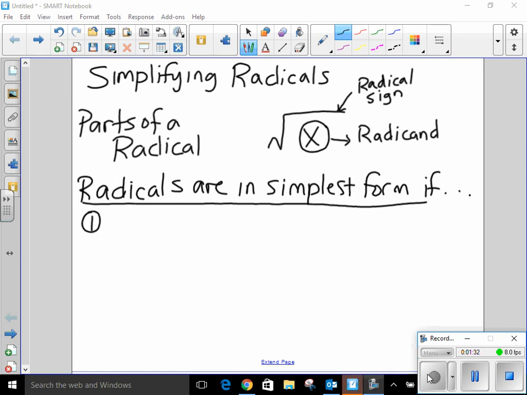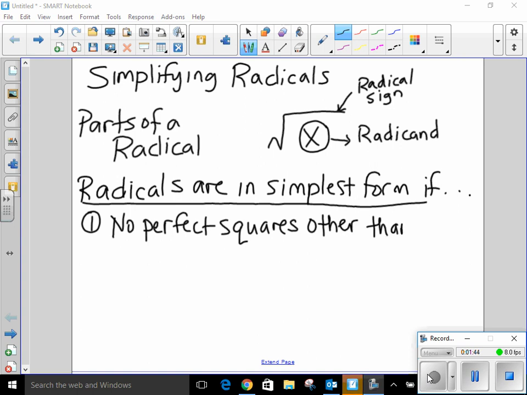The first thing you want to make sure you have is that no perfect squares other than a 1, because 1 is a perfect everything and goes into everything, are in the radicand. So that piece underneath the square root sign can have no more perfect squares in it other than a 1.